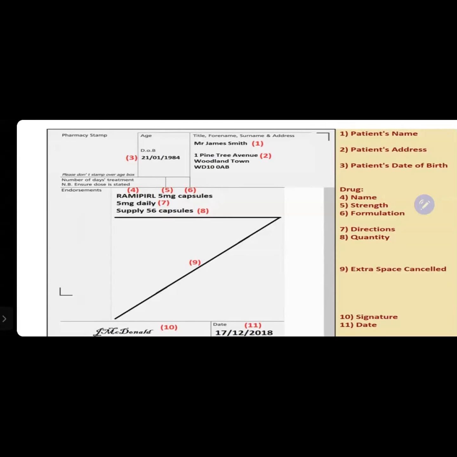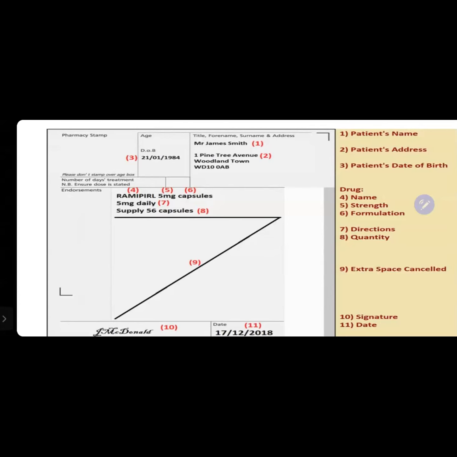But between 12 to 60 years, you don't need to write the age, date of birth is enough, right? And if the patient age is less than 5 years, then you are also going to mention the months. For example, in addition to writing the date of birth, in the age column, you will be writing, for example, 4 years, 6 months, right?